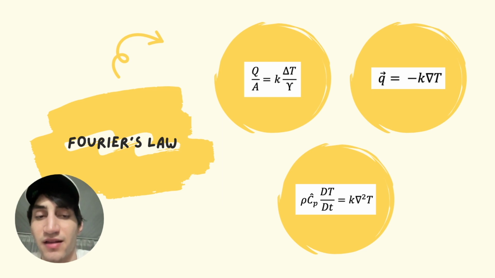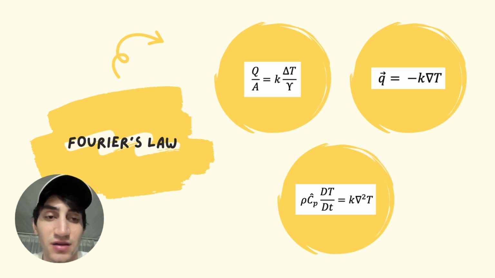Fourier's law is a mathematical expression that describes what happens in the transfer of heat. Here we have three different variations of this law. The top left applies only when the delta temperature is very small. The top right is the vector of flow of energy.